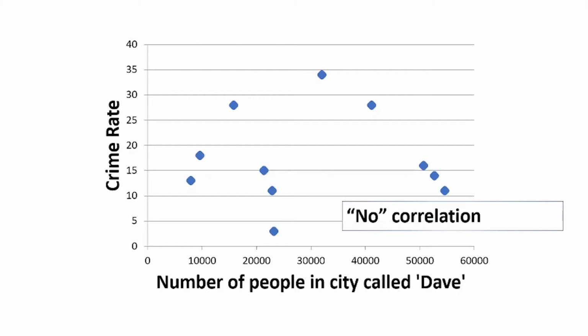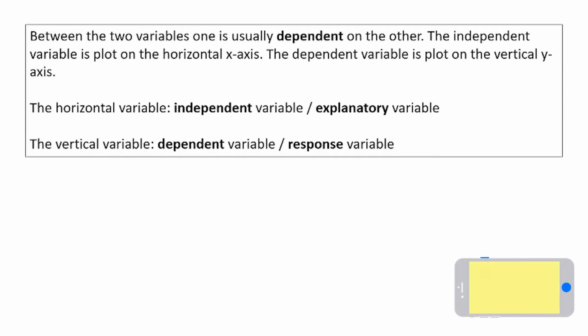Okay, whenever we're looking at two pieces of data, usually one of them would be independent while the second is dependent. And plotting these correctly is important. The independent variable, also known as the explanatory variable, would be on the horizontal axis, on the x-axis, while the one that relies on the independent would go on the vertical axis.